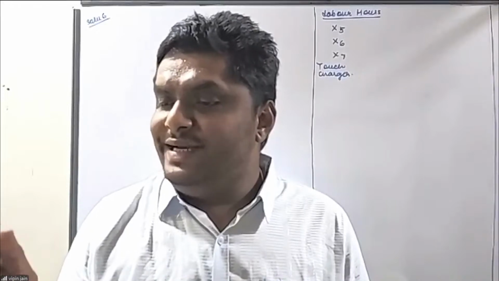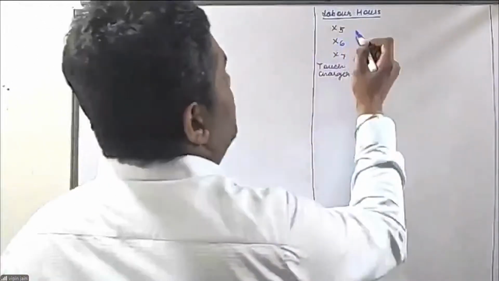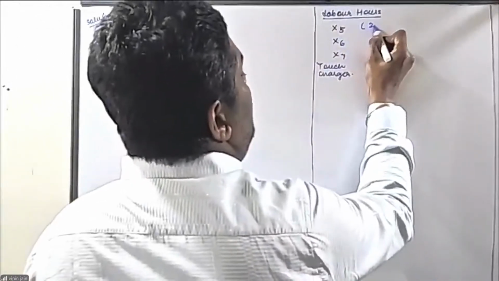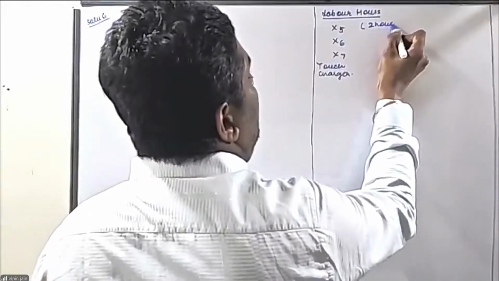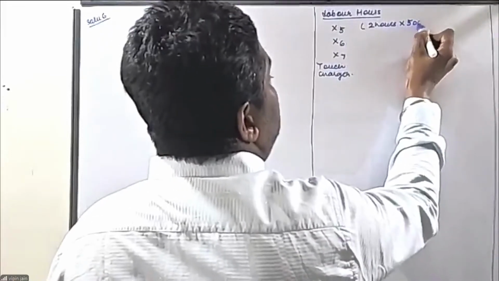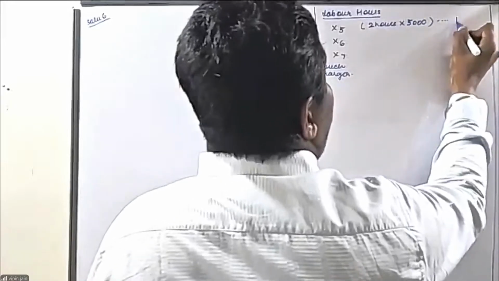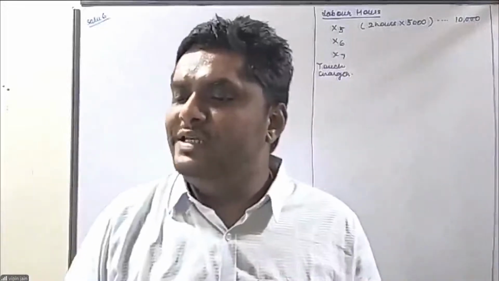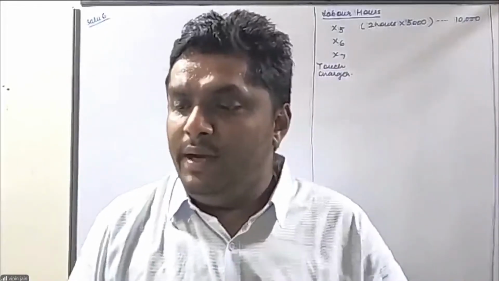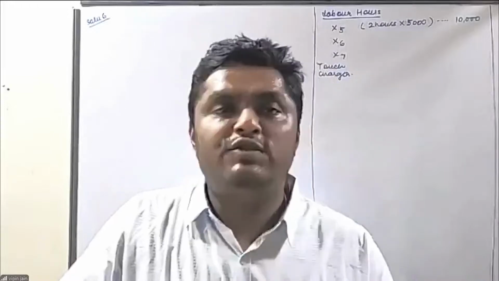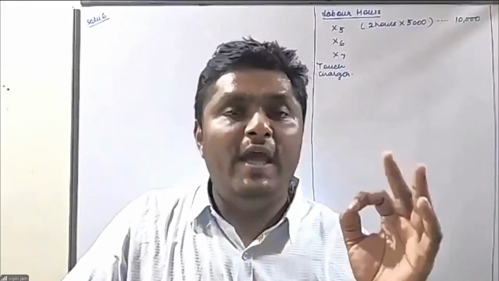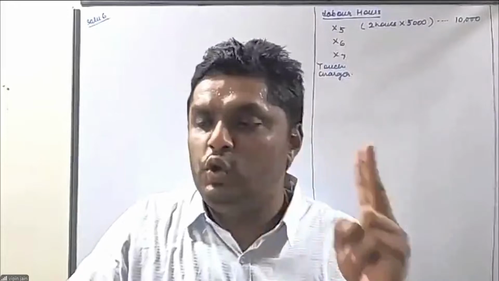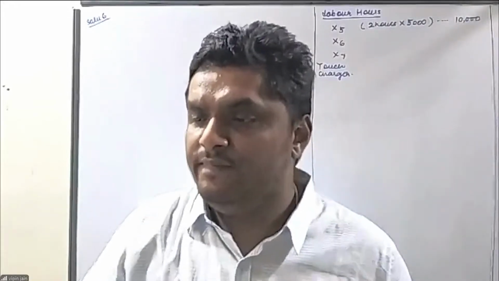It means we can say 2 hours are utilized for manufacturing X5 and the annual demand is 5,000 pieces. So 2 hours per unit into 5,000 pieces, total 10,000 hours are required to manufacture X5. I repeat again, labor cost per unit is given 1,000 and the labor is paid at the rate of 500 per hour. So per hour we are paying 500, total 1,000 we are paying. So 2 hours are utilized to manufacture X5.